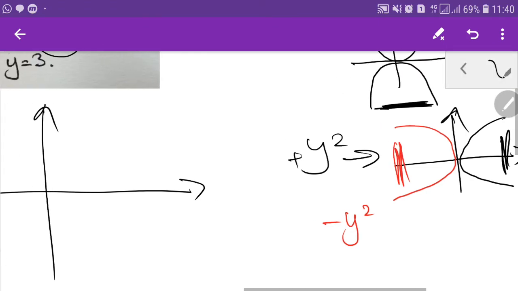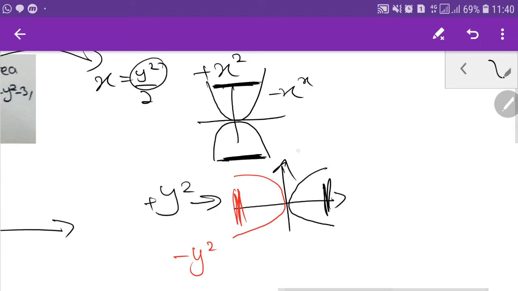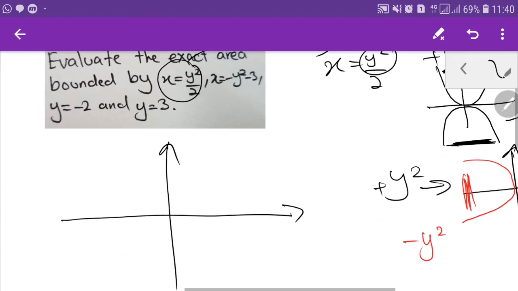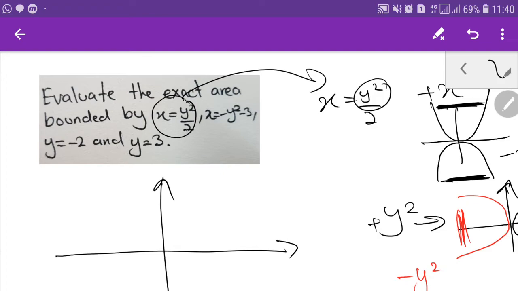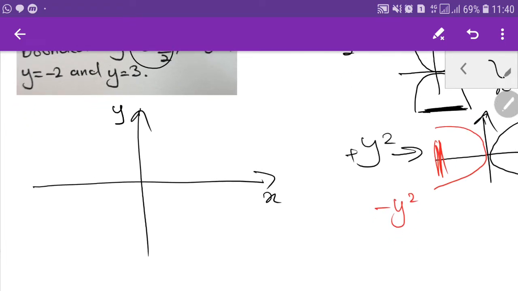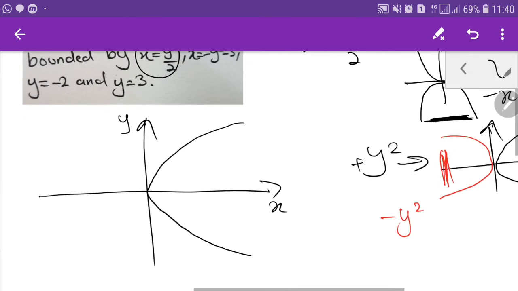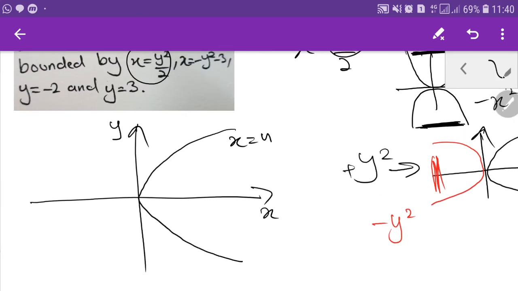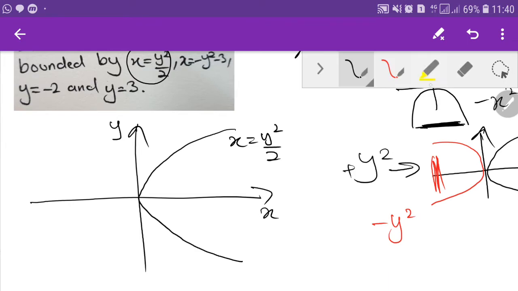So we can use this graphic to help us imagine how the curve will look. As you can see here, the first graph is y squared over 2. It's a quadratic curve going through origin that has opening on the right, like this. So this is our x equals y squared over 2.